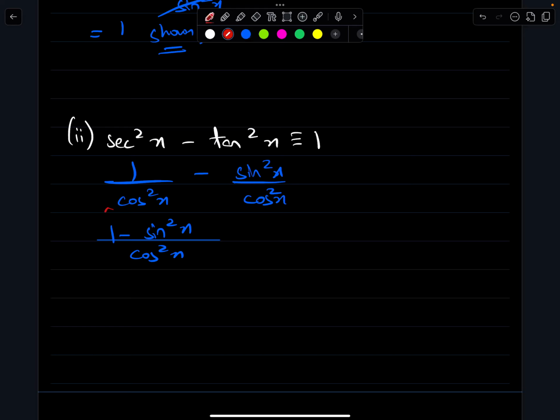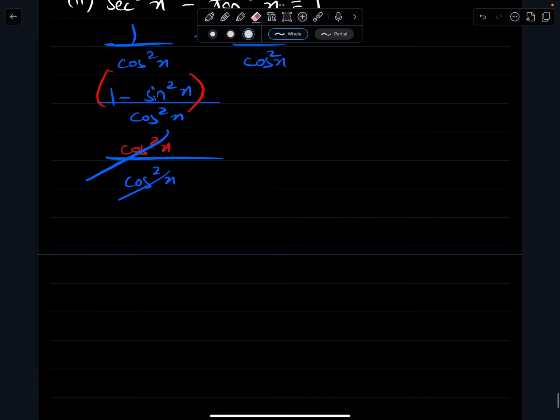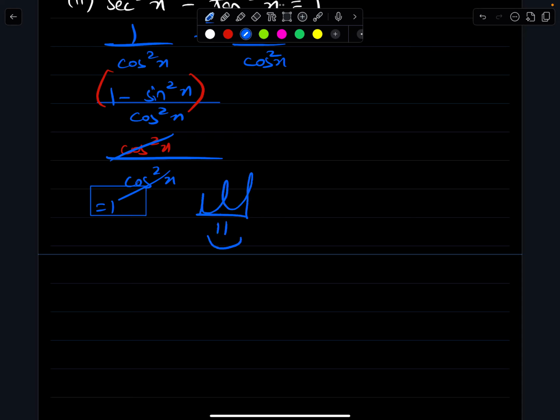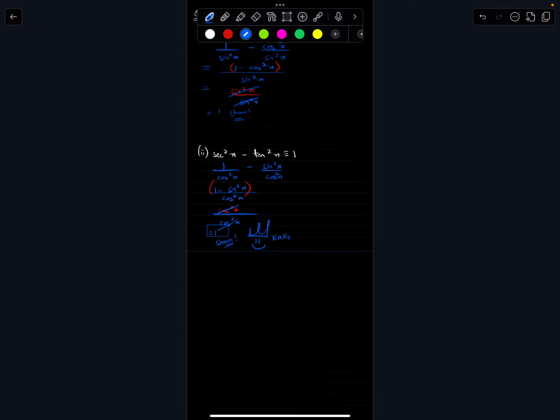When written as a single fraction, I can replace this thing by cos square x, and thus I have cos square x over cos square x. The numerator cancels out the denominator, and I am left with 1. Thus, I can write this during practice, and so. Ta-da!